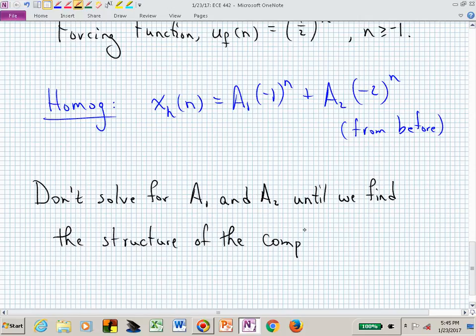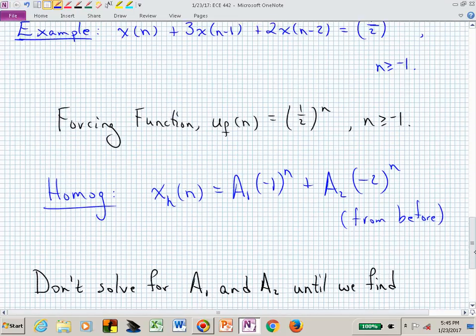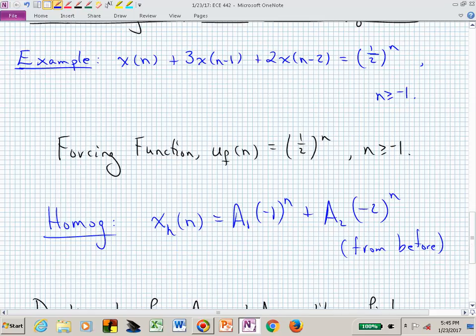And the complete solution contains the homogeneous and the particular solutions. Let's look at the particular solution. We have the structure for the homogeneous. The particular solution structure, do you remember what you did in a differential equation class?